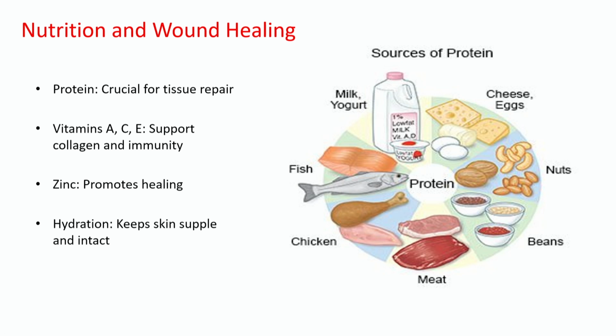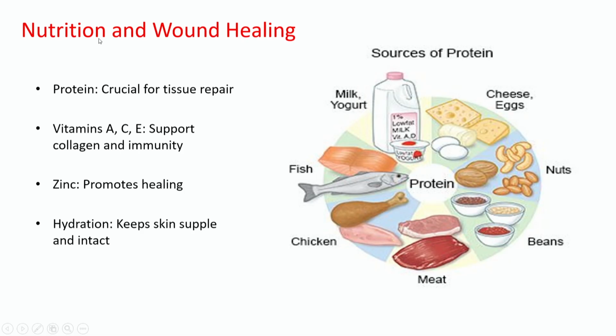The malnutrition should not be there. Malabsorption and malnutrition are two different things. If you are not giving enough protein, this is malnutrition. And if you are giving enough protein but it is not being properly absorbed in the body, this is called malabsorption. So both have to be taken care of.